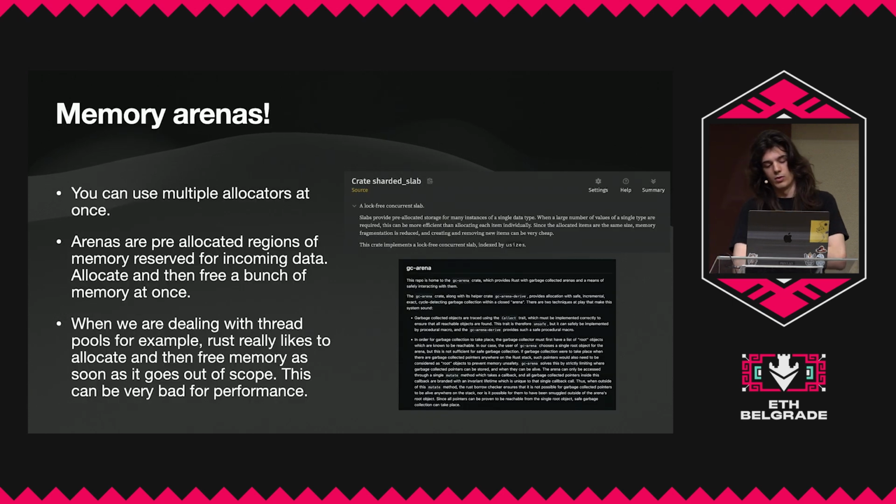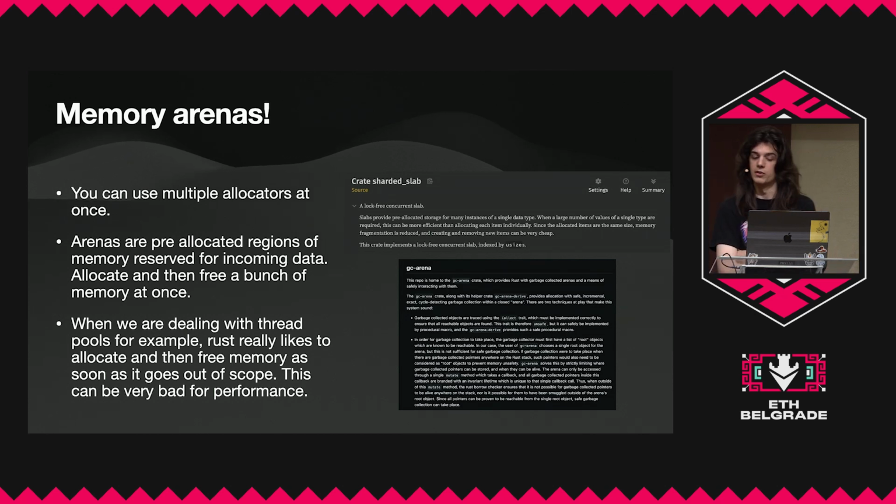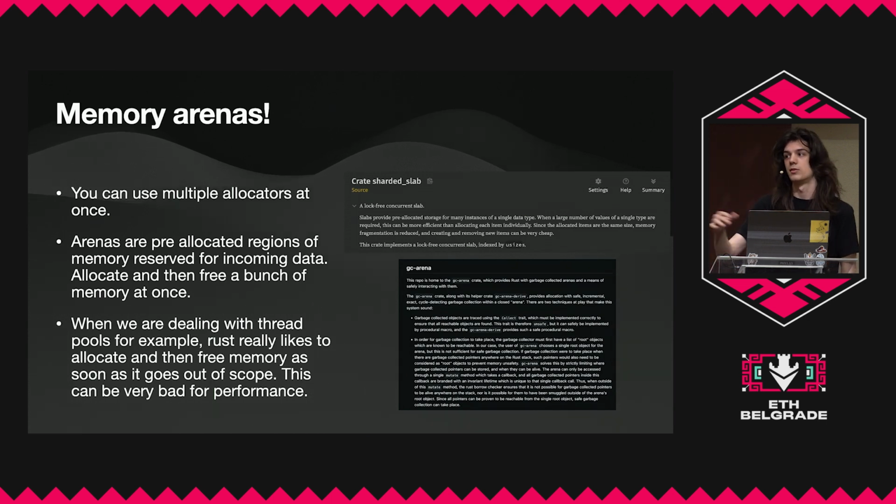A fun property of Rust is that you have multiple different allocators at once. It's kind of like Zig in that regard. So this means you can easily use arenas, and you have custom allocators for said arenas. Arenas are pre-allocated regions of memory that are reserved for upcoming data that you know you will use, but that you don't have now.